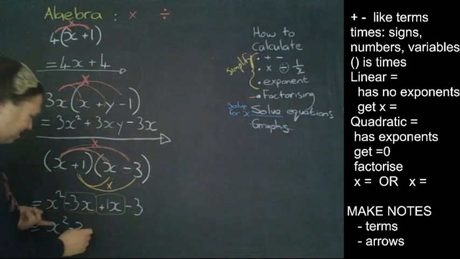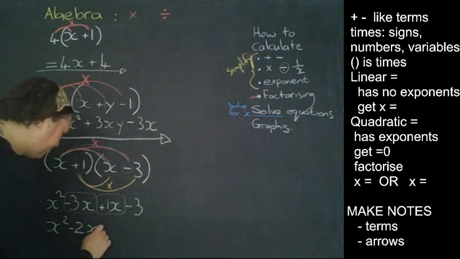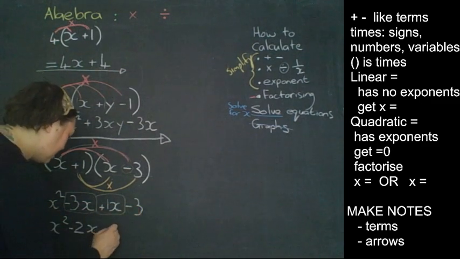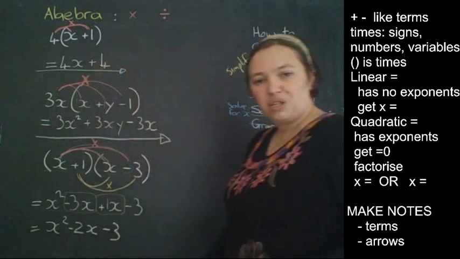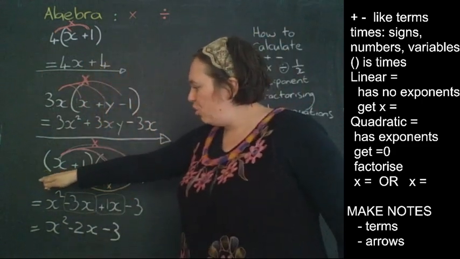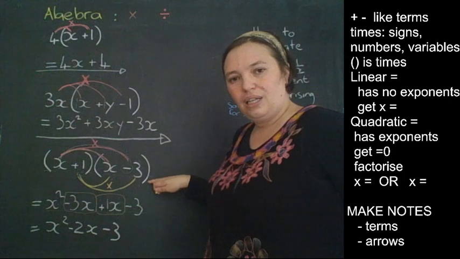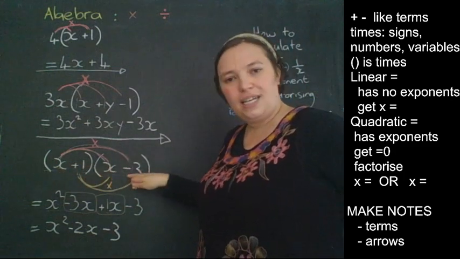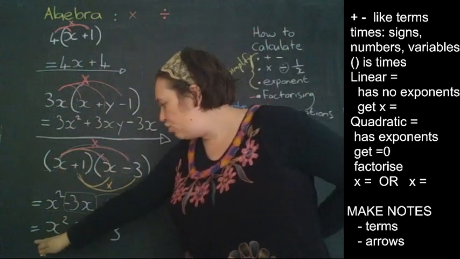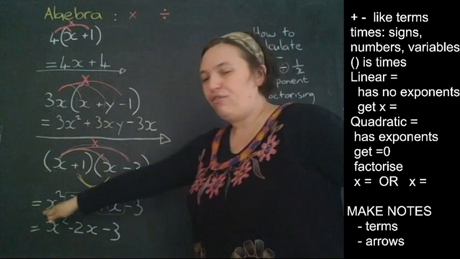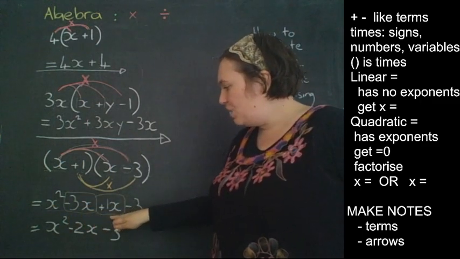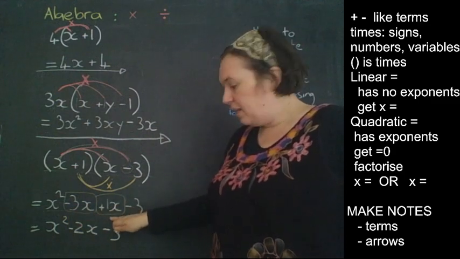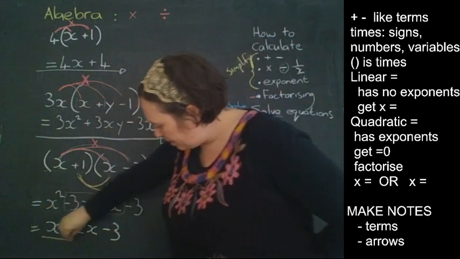Minus 2 what? 2x. And we've got a minus 3. So you'll get used to this pattern. Whenever we multiply out 2 brackets with 2 things in each bracket, it's going to look like this with 4 terms. You're going to add the ones in the middle, and you're going to get this.